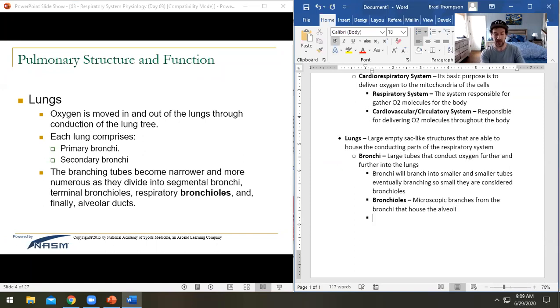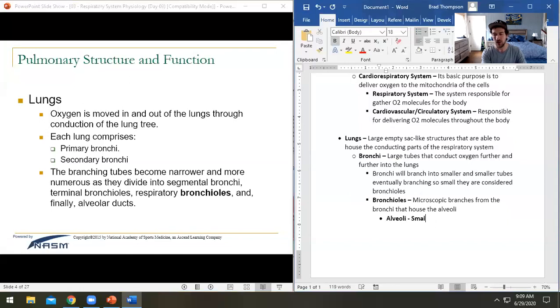And what alveoli are, so we got all these little subnotes here. It's almost like our notes are branching the same way the lungs are, right? So you got the sac, which houses the tubes, which then break into smaller tubes, which then house the alveoli.